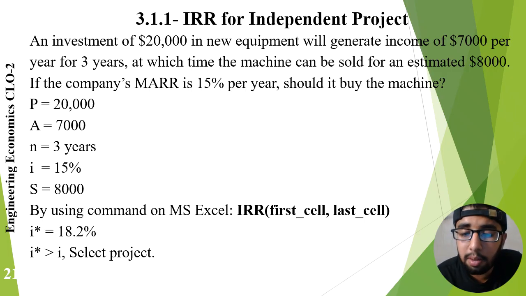The resulting IRR is approximately 18.2%. This value is greater than the company's MARR of 15%, so the project is accepted. This example also demonstrates how spreadsheet tools learned in business analytics with Excel can simplify financial analysis and improve decision making.